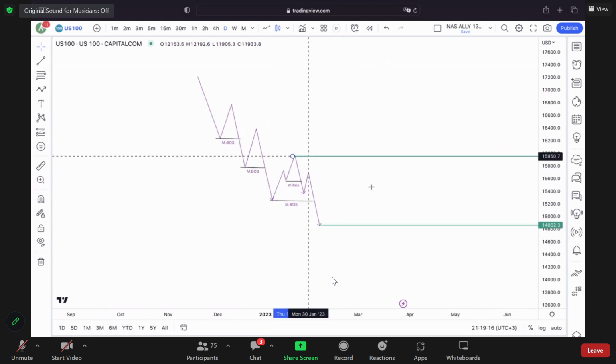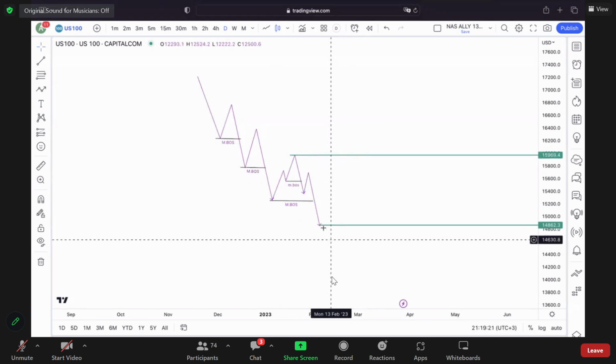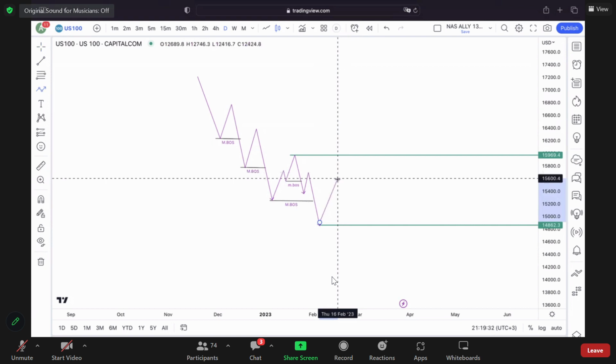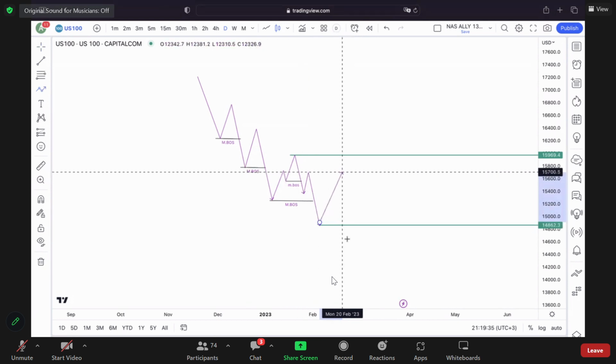Let's do it like this because this will be our swing high, right? What are we expecting to form here? Lower high, right? So we're expecting a lower high to make a lower low.